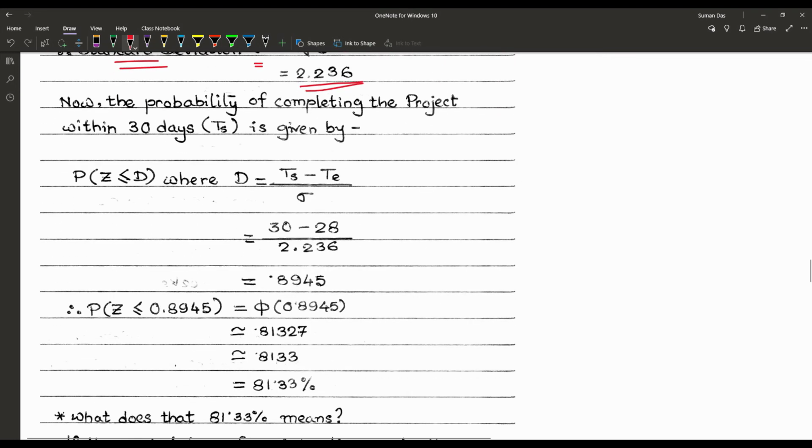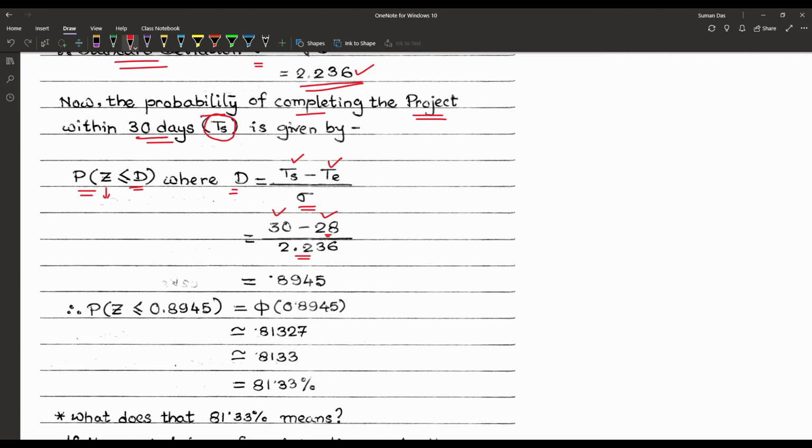Now we have to find out the probability of completing the project within 30 days, and that is denoted by TS. So we have to find the probability that Z is less than or equal to D, where D is equal to TS minus T upon sigma, the standard deviation. Now TS is equal to 30, the project duration is equal to 28, and the sigma or the standard deviation is 2.236.